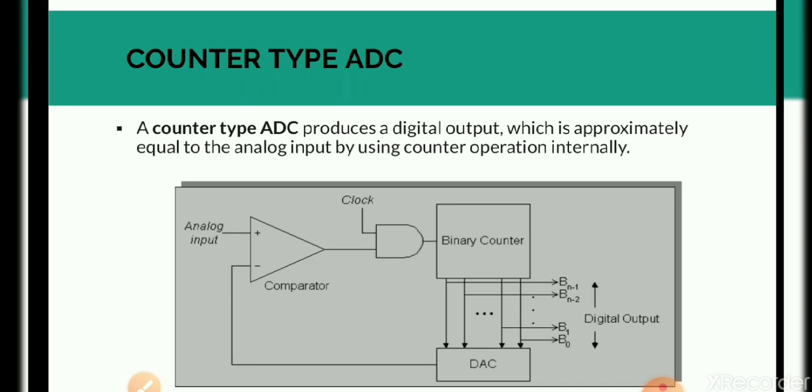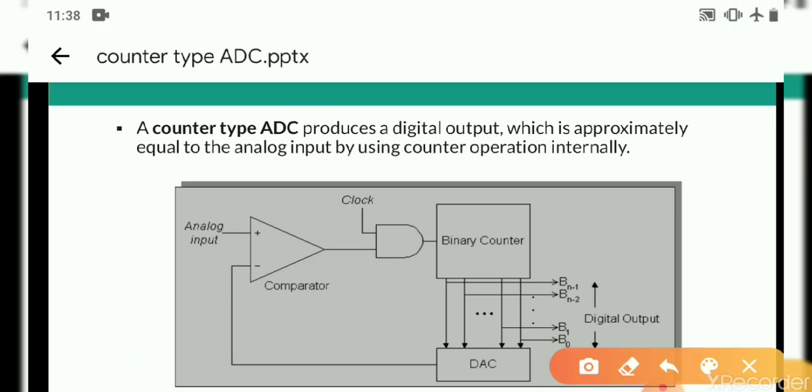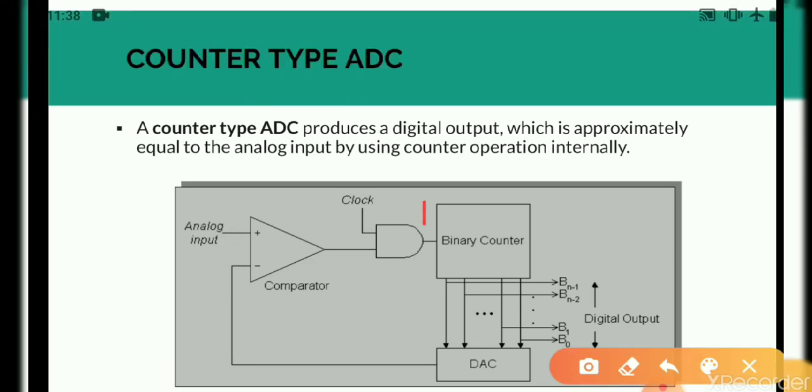The binary counter starts counting only when it gets 1 as the output of the AND gate, and to have 1 as the AND gate output, we need the clock signal as 1 and also the comparator output as 1.